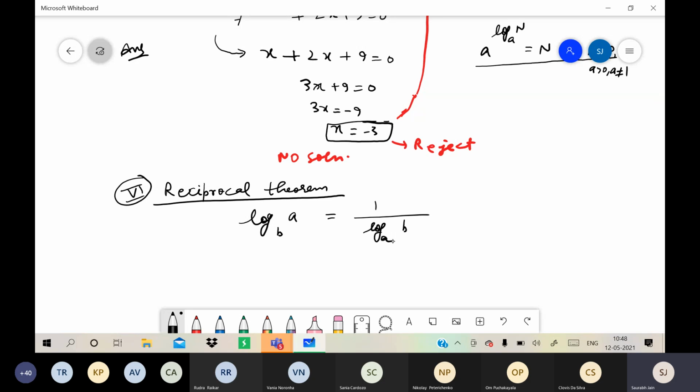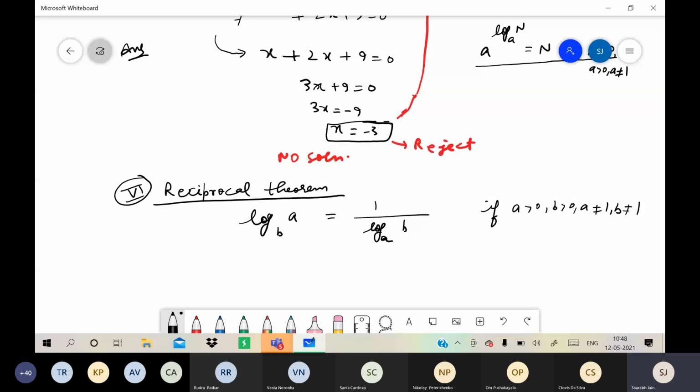Note the difference. On the left hand side, a is in front of log and b is the base. And on the right hand side, b is in front of log and a is the base. But it is coming as 1 upon, because this is the reciprocal theorem or reciprocal result.